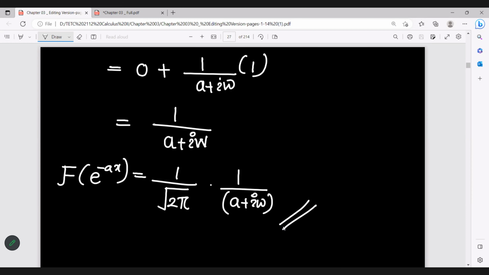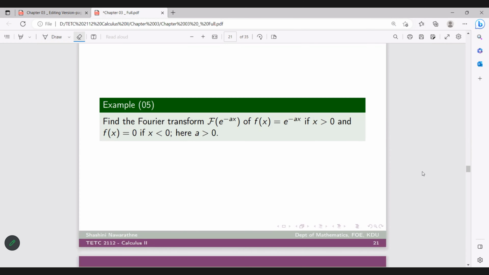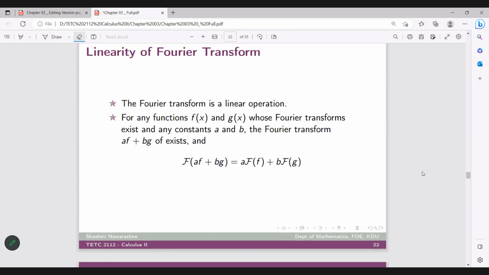Okay, so that is the end of that example. We still have 15 minutes. Then the linearity property of the Fourier transform. As I mentioned earlier for the Fourier cosine and sine transforms, the Fourier transform also satisfies the linear property.